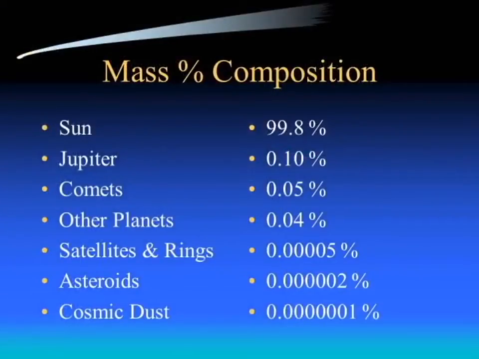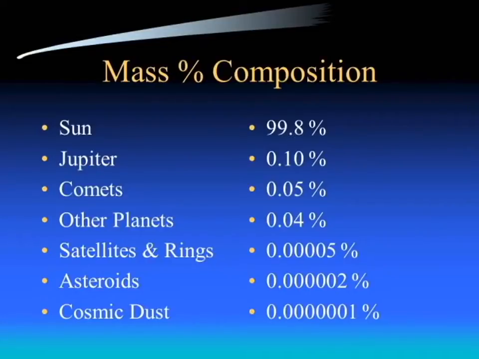But now let's look at the mass percentage when we look at the solar system. And as you probably know already, the sun is going to have the greatest percentage of the mass. It's about 99.8% of the mass of the solar system. So granted, that's almost 100%, but it's not completely. So if we look at the sun, and then Jupiter, being our largest planet, is about 0.1%. All the comets, now notice guys, it's the comets, not the other planets, the comets have about 0.05%.